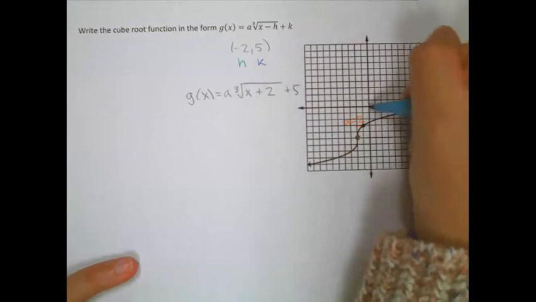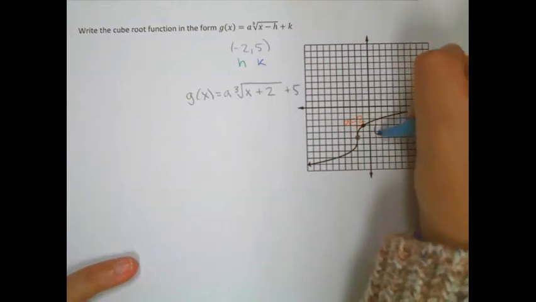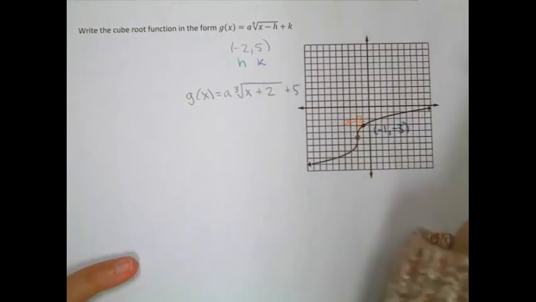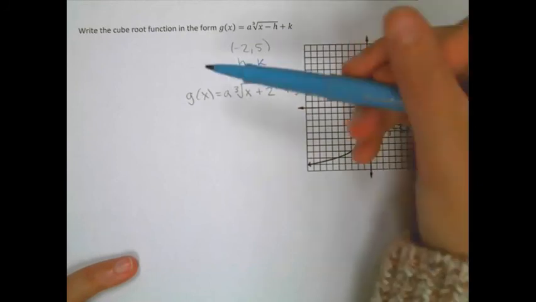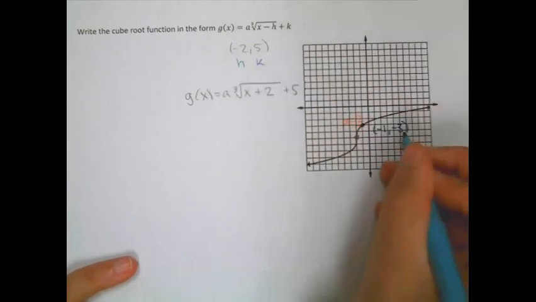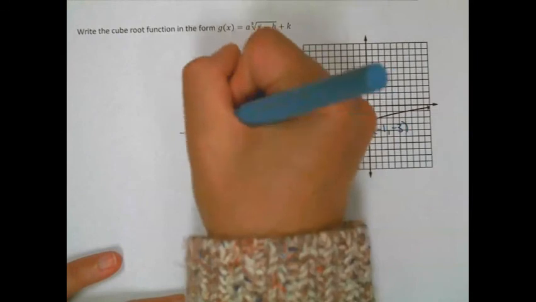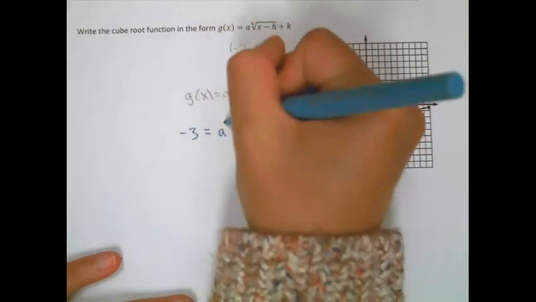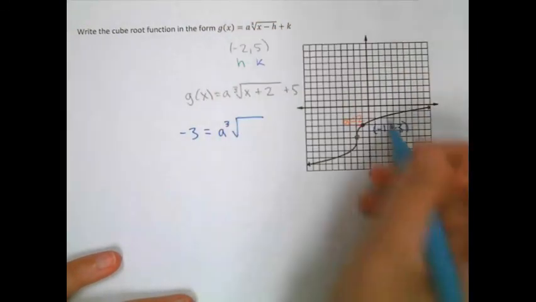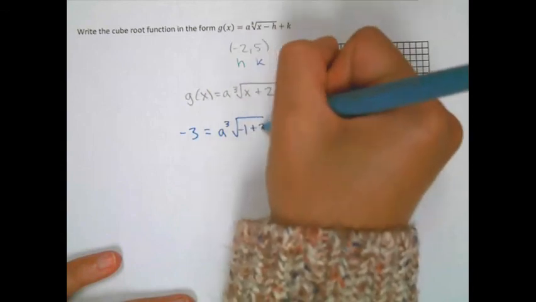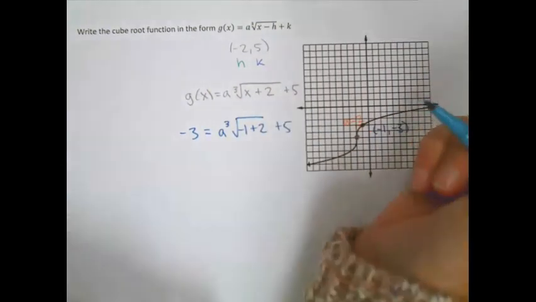That's the point -1, -3. I'm going to substitute it in for g of x and x. So g of x is the same thing as y, so I put in -3 here. It's equal to a, the cubed root of x, which is -1, +2, +5, and then I'm going to solve for a.